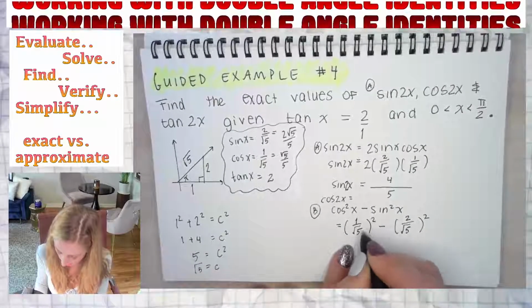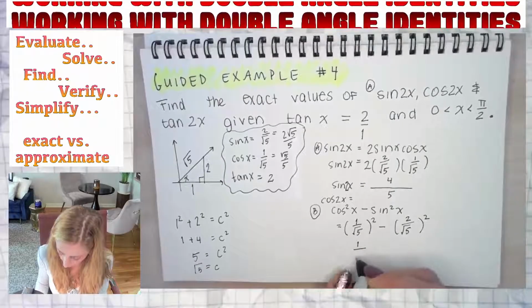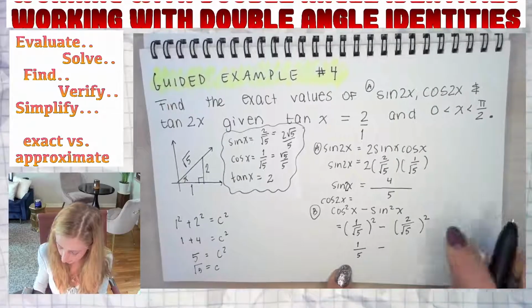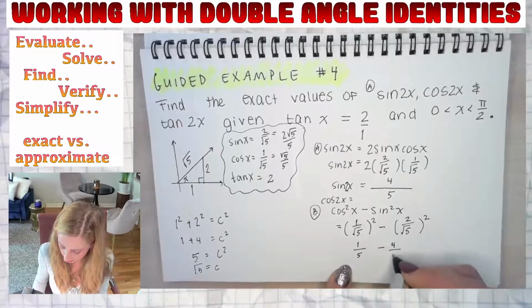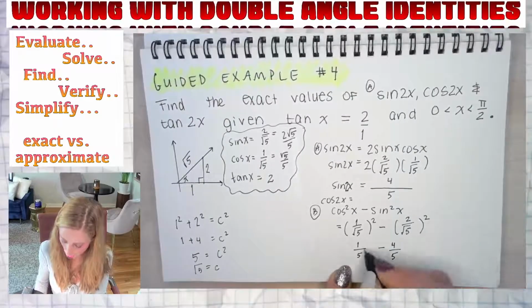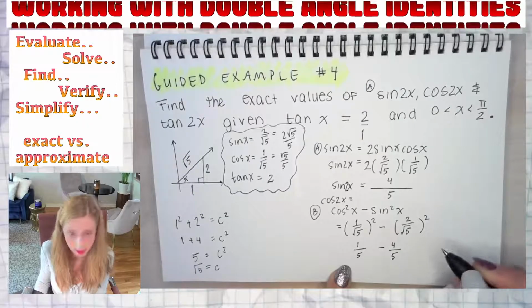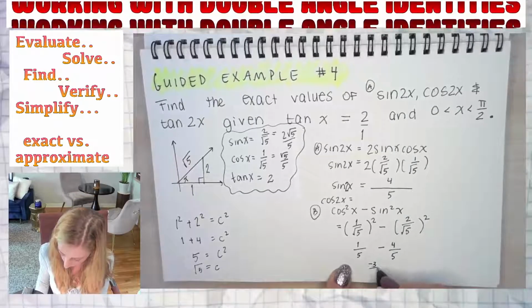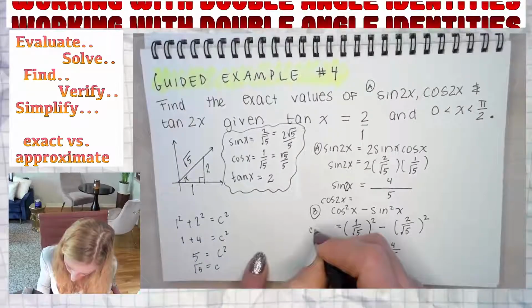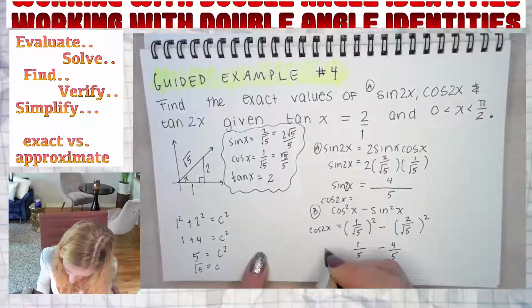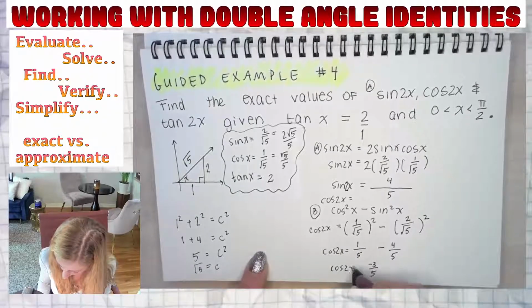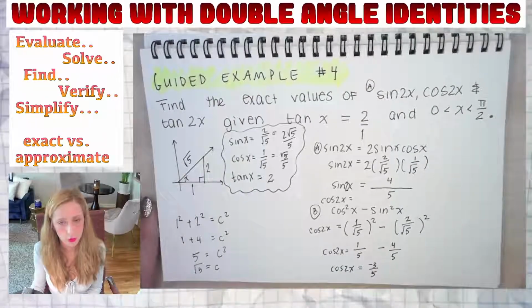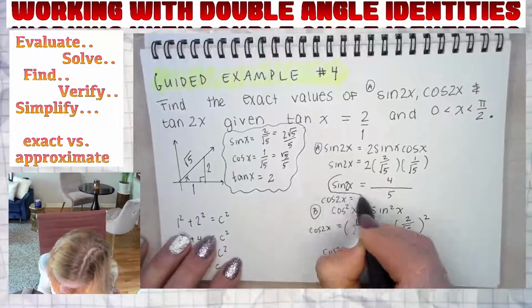Squared. If we want to square, 1 squared is 1. Root 5 squared is 5. Minus 2 squared is 4. Root 5 squared is 5. 1 over 5 minus 4 over 5 is negative 3 over 5. There we have it. Cosine 2x equals negative 3 over 5. I should have circled those.